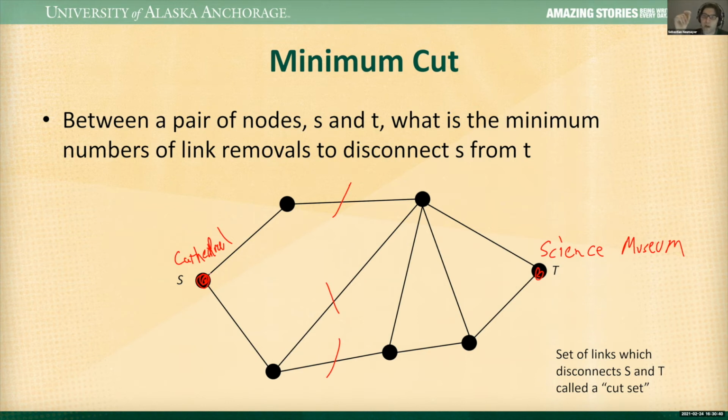That is, what is the minimum number of links or roads in our network connecting places that would prevent you from having a path from one particular node to some other node? So what is the minimum number of construction projects required in order to shut down the city like that?